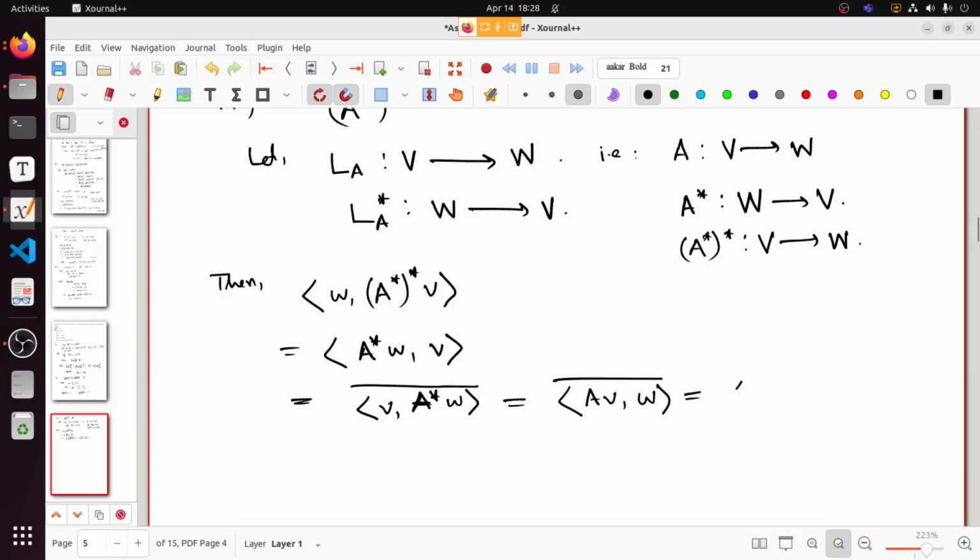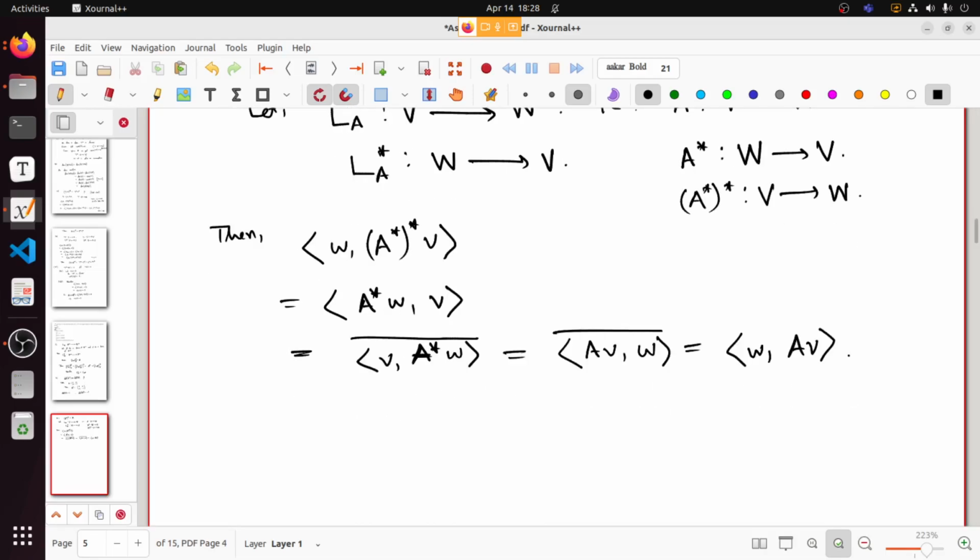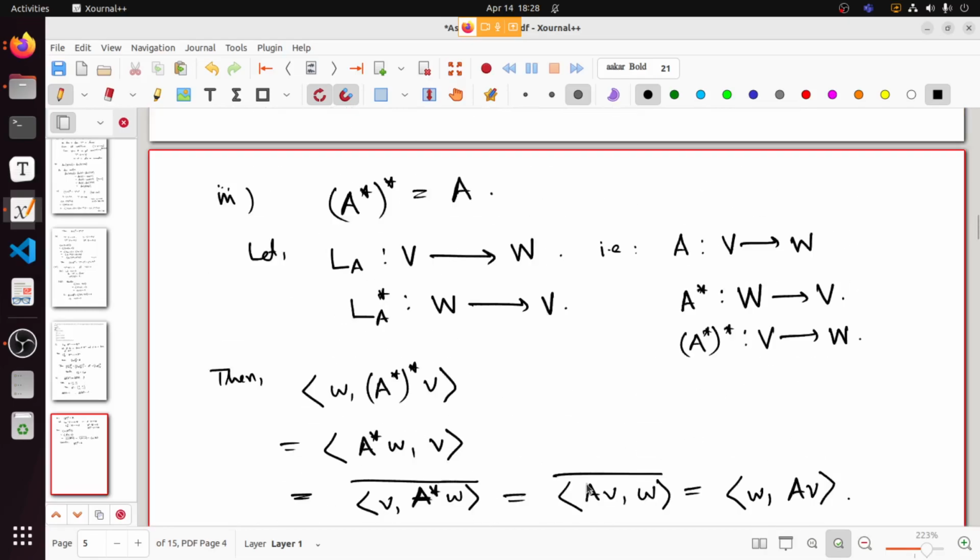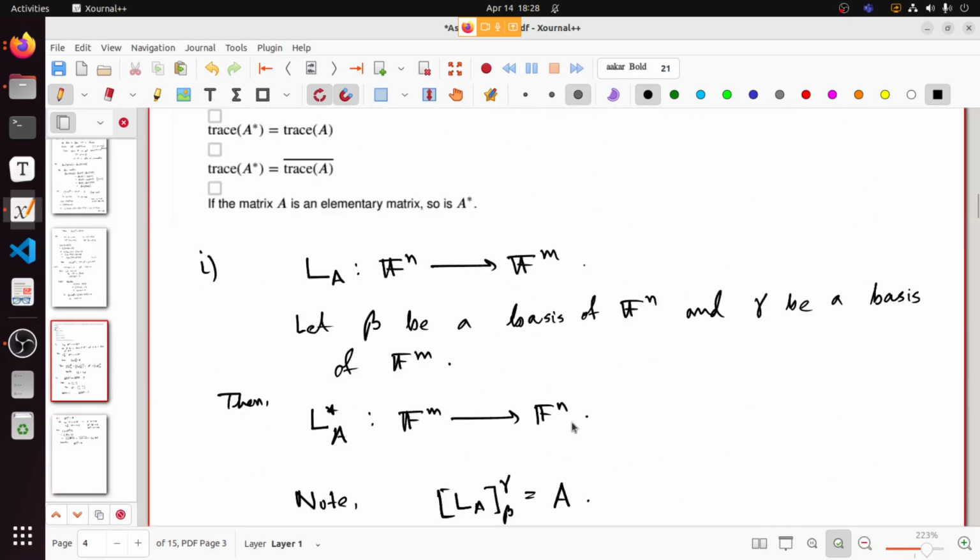So this is again the same as W A V, right? And therefore by the uniqueness of the adjoint, therefore A star whole star is A, right? So the option number 3 is correct.